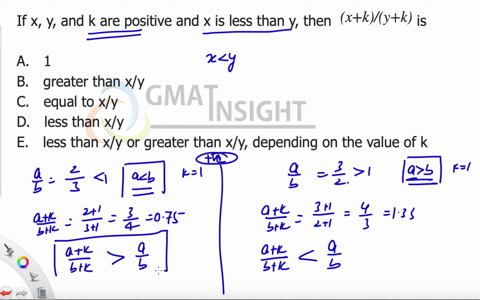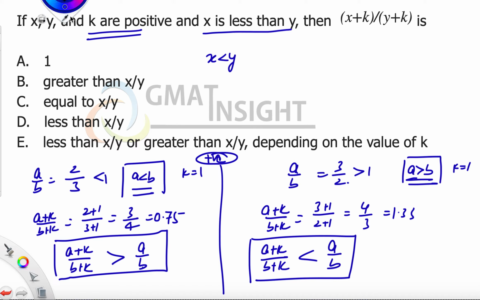Now the question is to understand why does it happen rather than just memorizing the rule. This change is happening because when we add 1 in both the numerator and denominator, we have increased the numerator here by 50% and we have increased the denominator here by 33.33%. Because the numerator has been increased by the greater percentage, the result is bigger than the previous one.